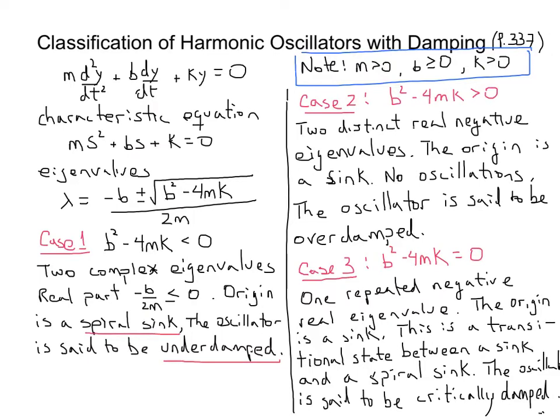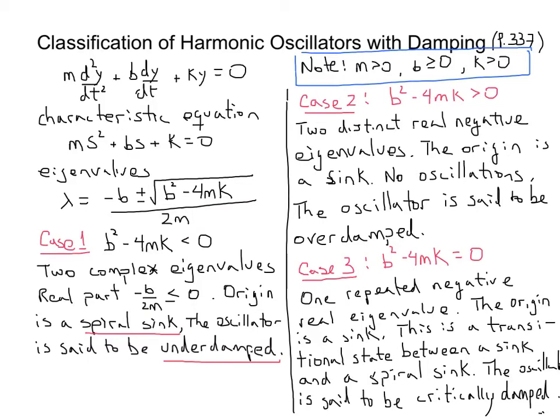Case 2, when the radicand, or the argument under the square root sign, is positive. In this case, we have two distinct real eigenvalues. They're negative because b is positive.